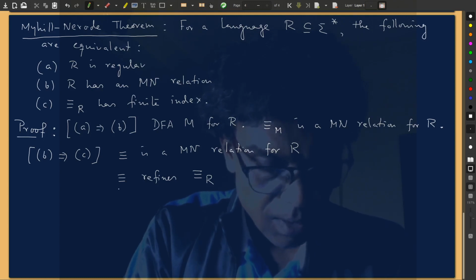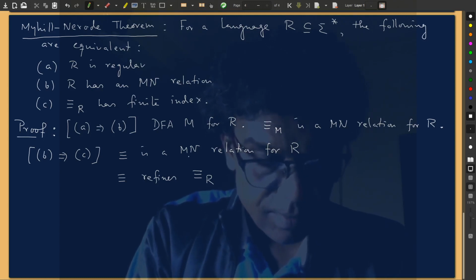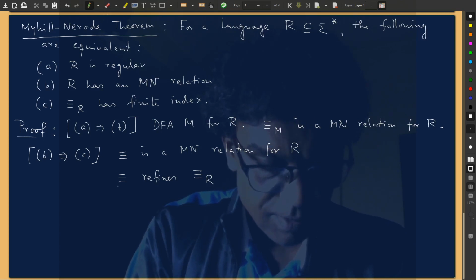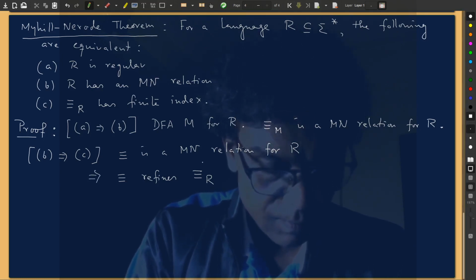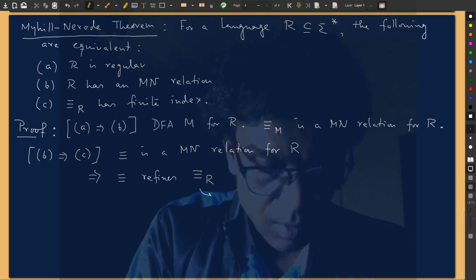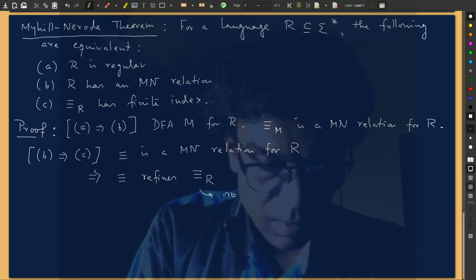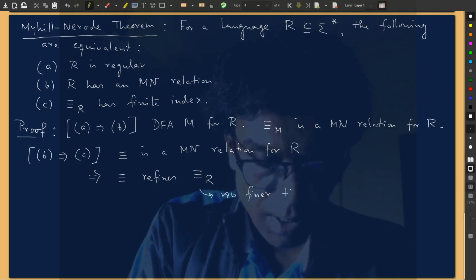And since this is an Mn relation, this has finite index. And this is possibly coarser than this, so this is no finer than this.